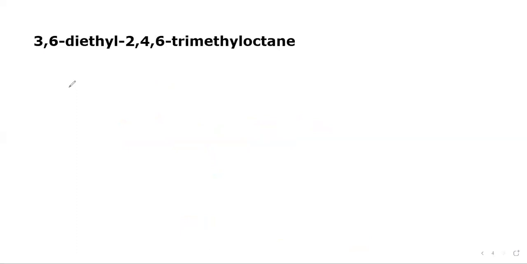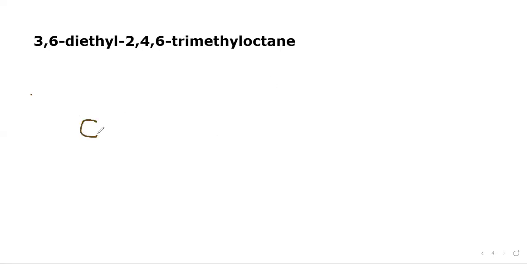Then this one is a bit advanced, it's a bit complex, but the moment you now understand all the structural formulas that I've just showed you before, then I think this should be easier for you. So they're saying draw the structural formula of 3,6 diethyl, 2,4,6 trimethyl octane. So in simple terms, it's an alkane that has 8 carbon atoms.